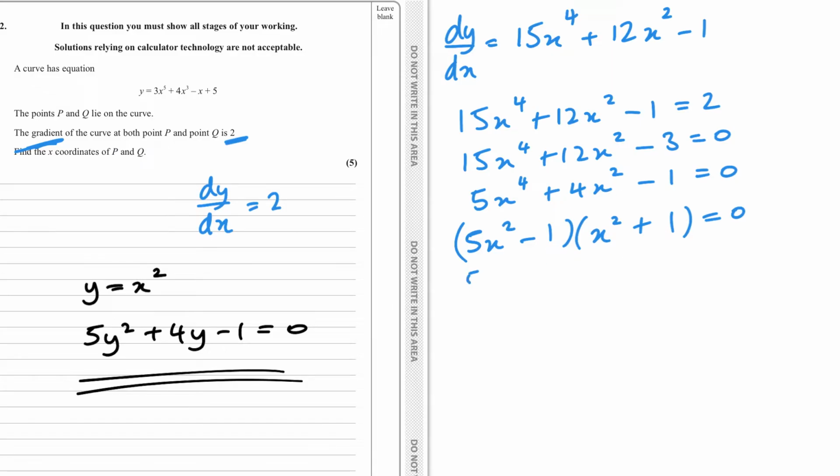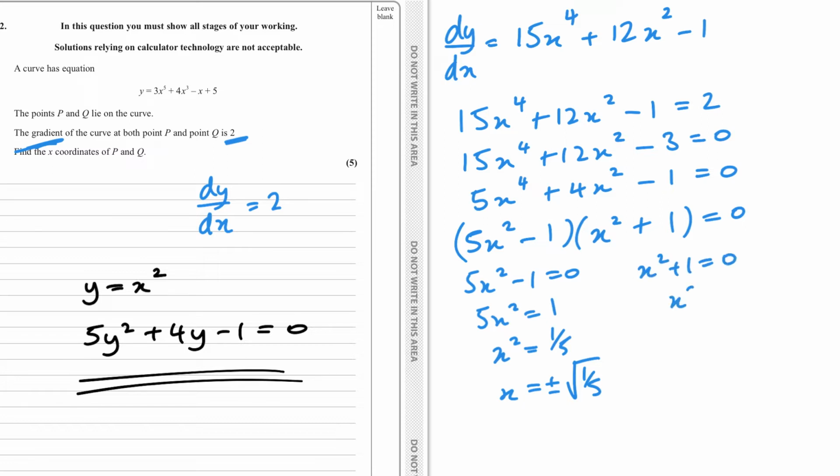So now I can see that 5x squared minus 1 equals 0. 5x squared equals 1. x squared equals 1/5. Or x equals plus or minus root 1/5. When I look at the other one, x squared plus 1 equals 0. x squared equals negative 1. And then I cannot take the square root of a negative number.